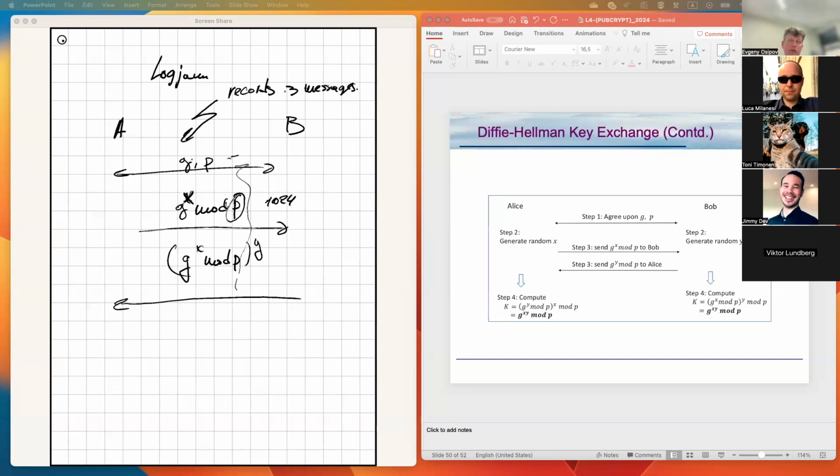This is based on mathematical properties of fields. A field is an algebraic construct. We will be talking about fields again very shortly, in the context of elliptic curve cryptography.